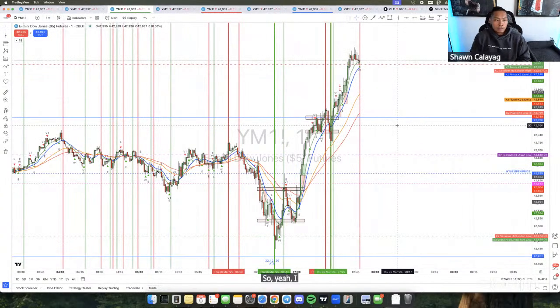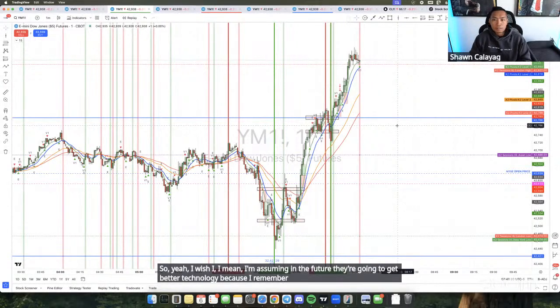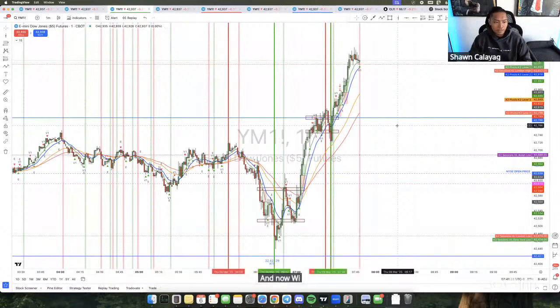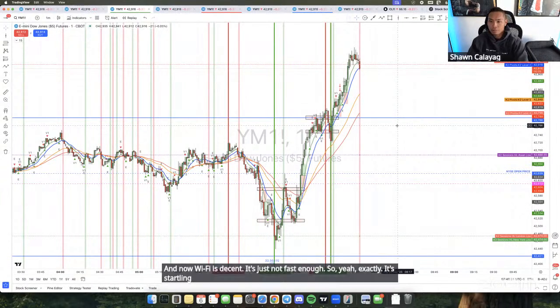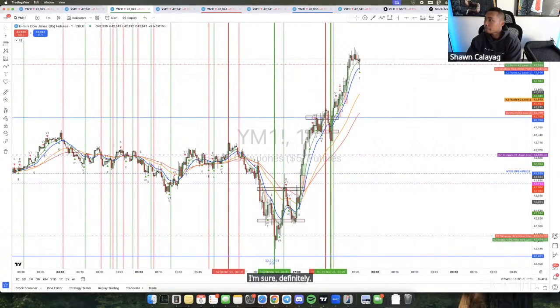I'm assuming in the future they're going to get better technology, because a few years back it was almost impossible to get Wi-Fi on a plane, and now Wi-Fi is decent, it's just not fast enough. So yeah, exactly. Shabam said Starlink partnership soon. I'm sure, definitely.